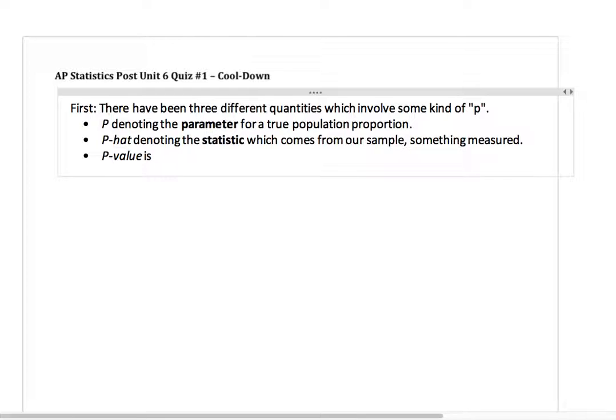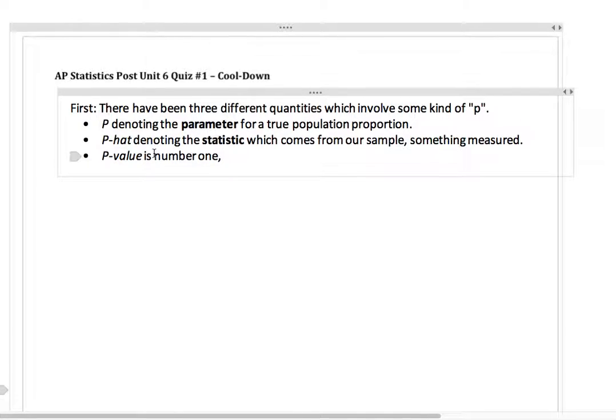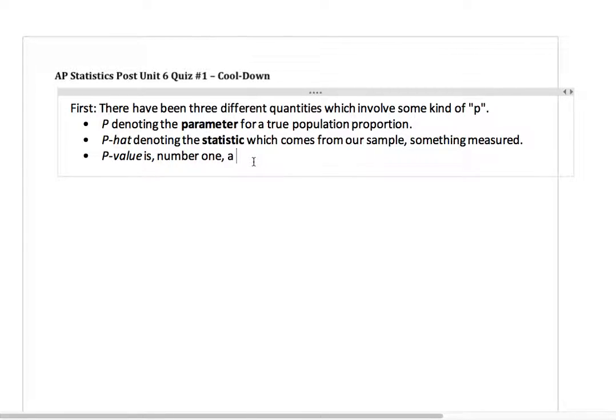So what is a p-value precisely? So a p-value is, number one, put that in a little clause of its own, a probability. The p there does not stand for proportion, so it's easy to confuse right now, but it's a probability. What is it the probability of?